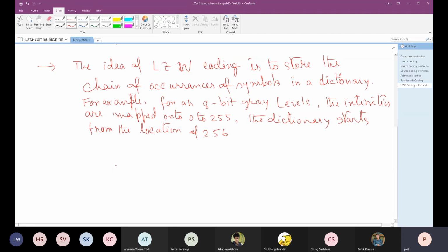The image will be scanned. 2D data can be scanned left to right and top to bottom.